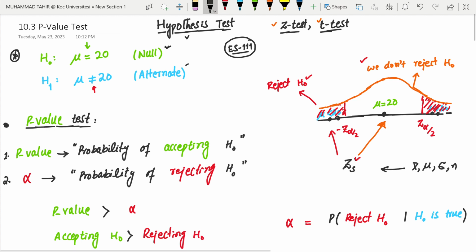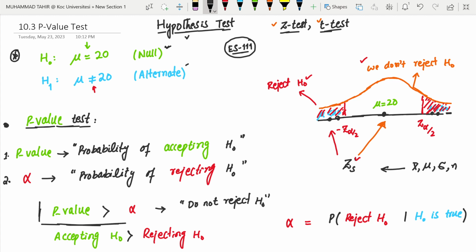So if p-value is larger than alpha, we do not reject H0. So this is p-test.